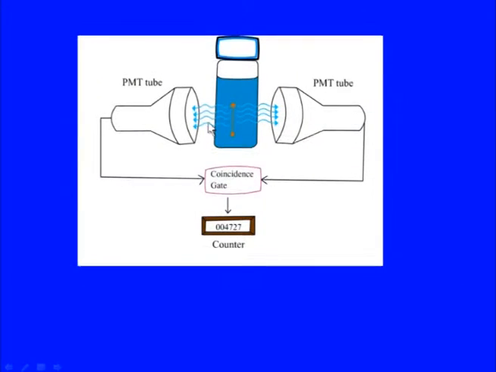This figure shows how two photomultiplier tubes have been put in here. You can see there is one photomultiplier tube here, another here, and the sample is in between. When a signal reaches both, only then will it be counted, otherwise it will not be counted. So, that is one method to reduce the photomultiplier noise.